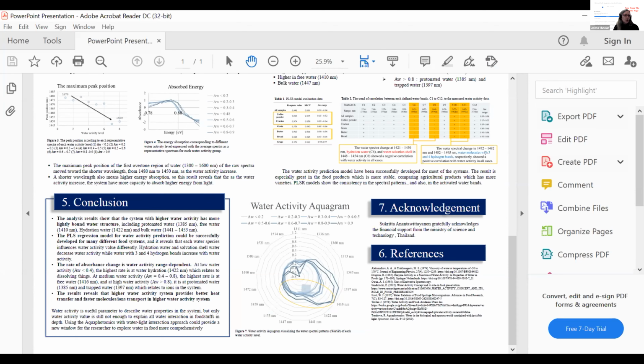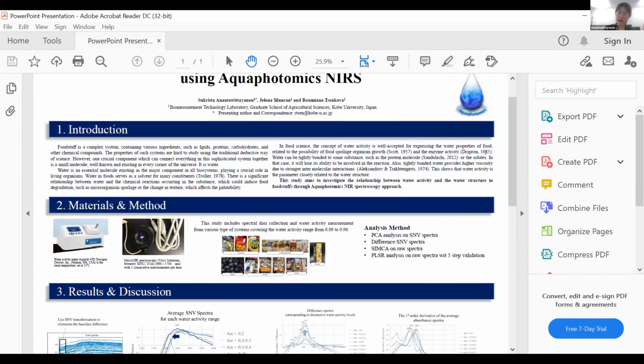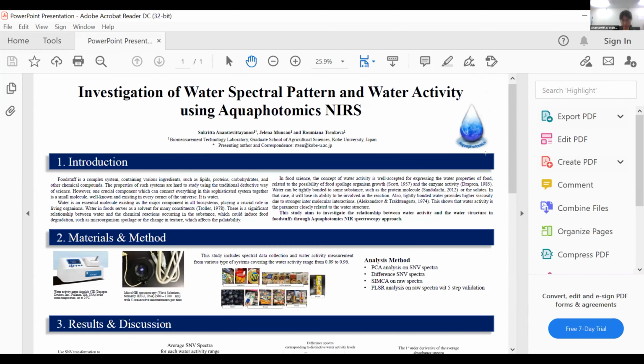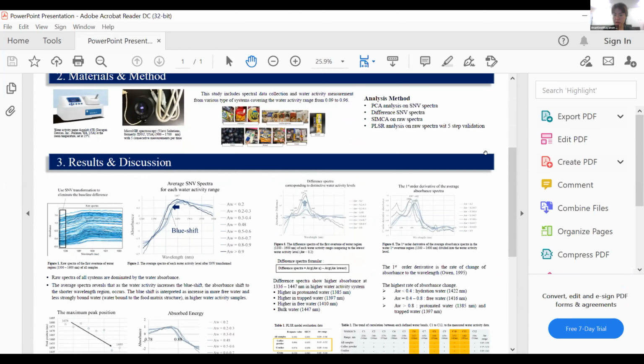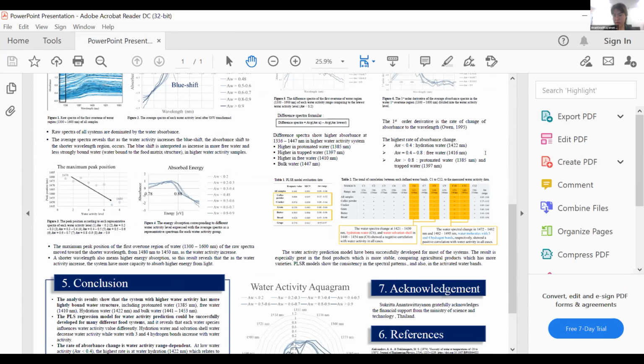How did you bring together all the different sample spectra? Actually, in this study, I analyzed all the data together, and also each type of sample separately. As we can see in this table, the result comes from all samples and from coffee powder and other samples separately.